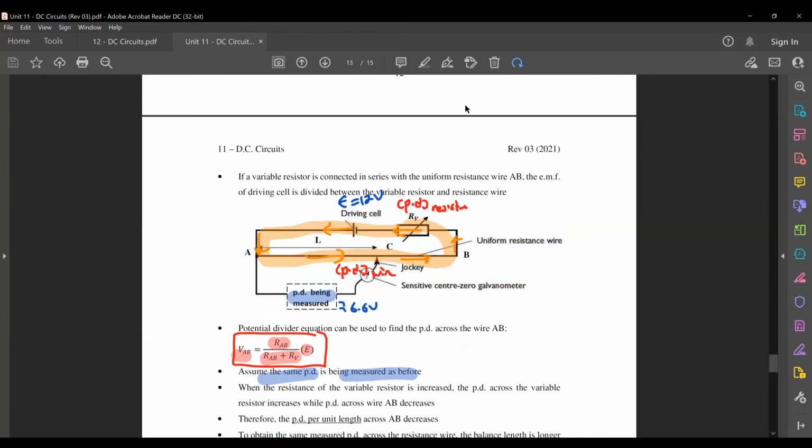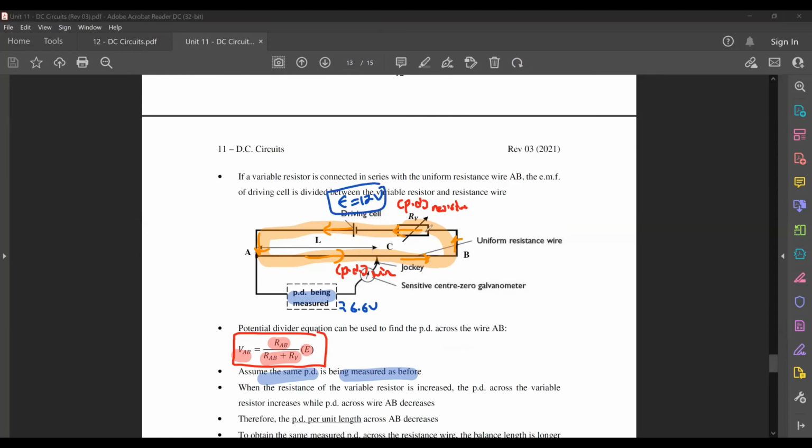Right now, when I go and add my variable resistor inside, this total PD is divided between this and this. So say, for example, right now, I say that for this whole full length of wire, 100 centimeter is now 10 volts. This one is 2 volts.